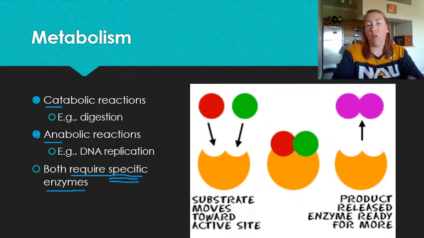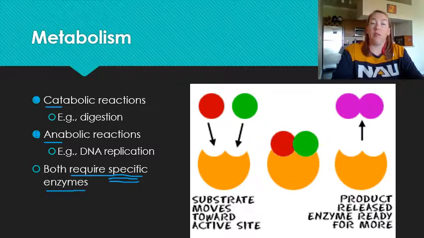One enzyme can only catalyze one type of reaction. So that amylase enzyme that I told you about in your saliva, the only thing it can do is break down starch and start breaking it down into glucose. It can't do anything else.